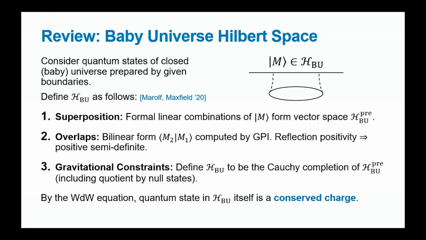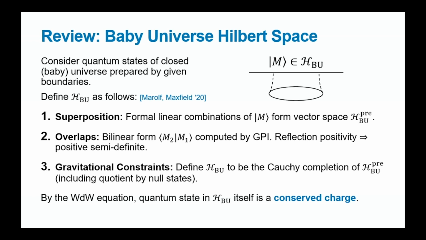So wait a second. Is the pre-Hilbert space the free vector space generated by closed D-1 manifolds? Yes, together with whatever boundary conditions you need to put. Yes, or diffeomorphism classes of closed D-1 manifolds. You could do either. If you don't quotient by diffeomorphism, you'll find that the difference between two states prepared by diffeomorphic manifolds is null, and so they're quotiented.